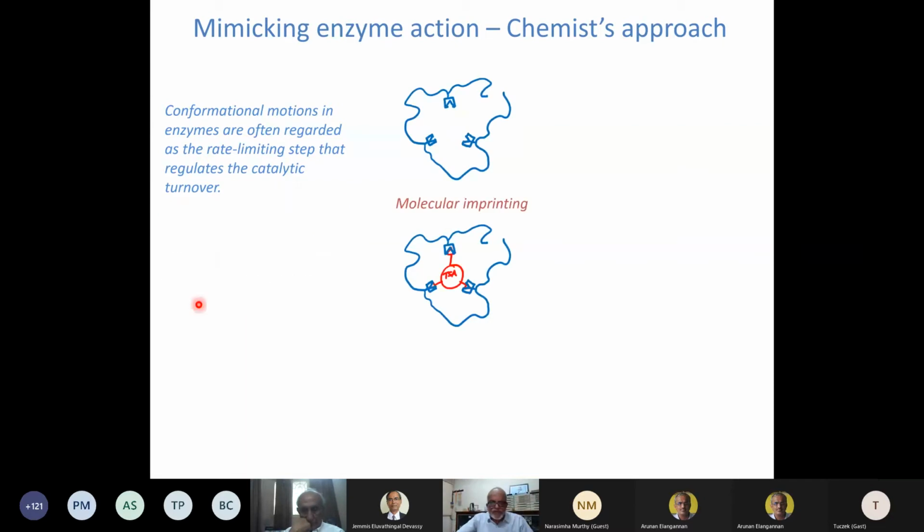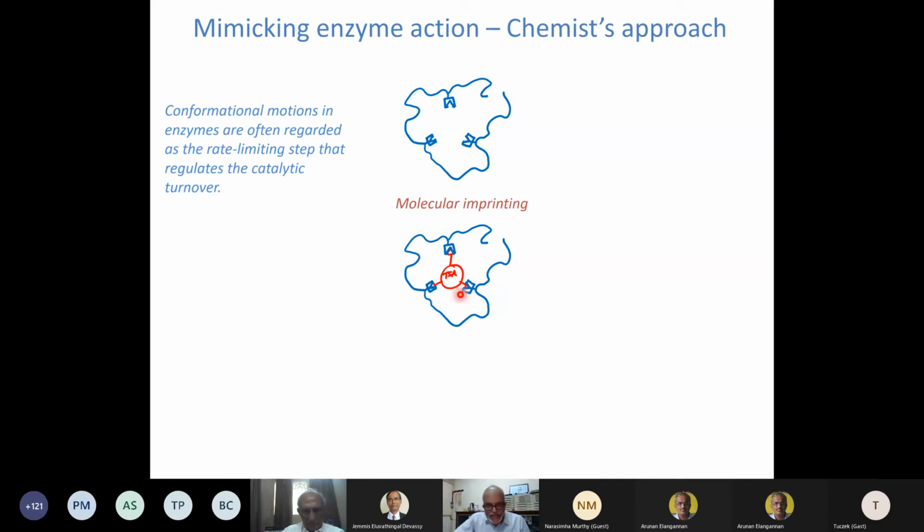So from a chemist's point of view, people have been trying to mimic this by simply placing the active sites of the enzyme in a very controlled location, either in a macromolecule or in an imprinted matrix. And what they do is use a transition state analog of the reaction they want to mimic.